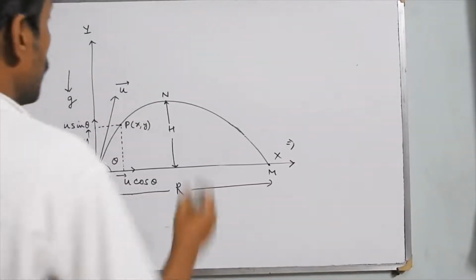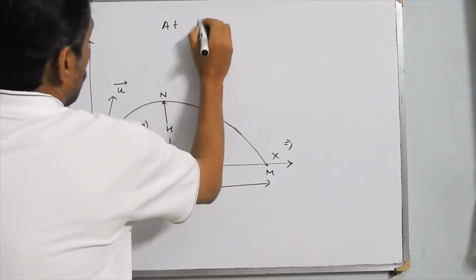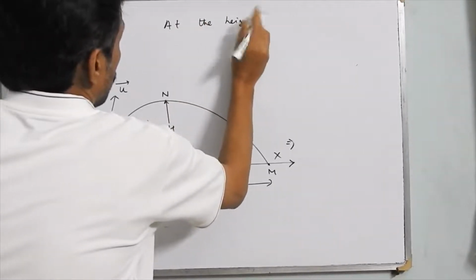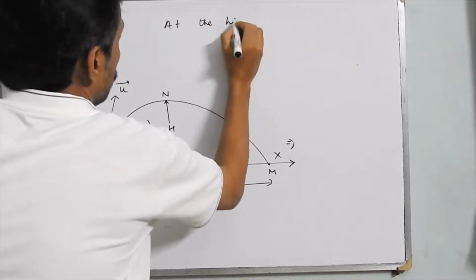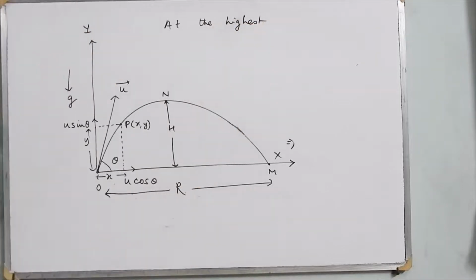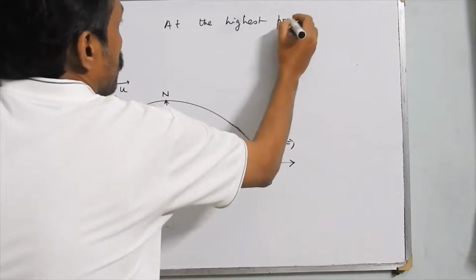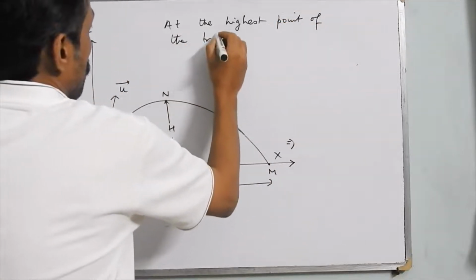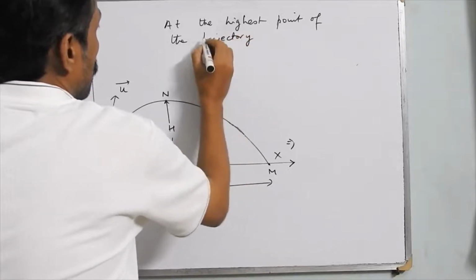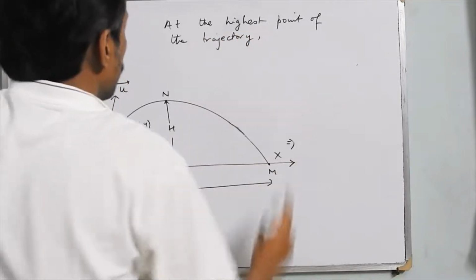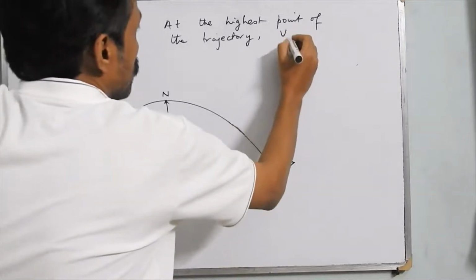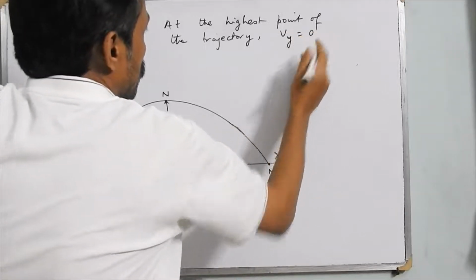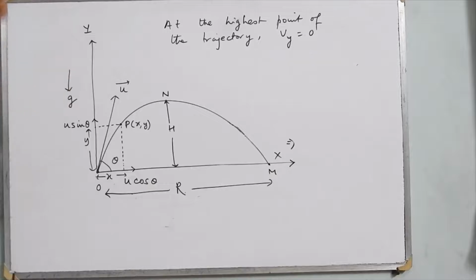So at the highest point of the trajectory, the vertical velocity, that is Vy, is 0, but Vx is the same.